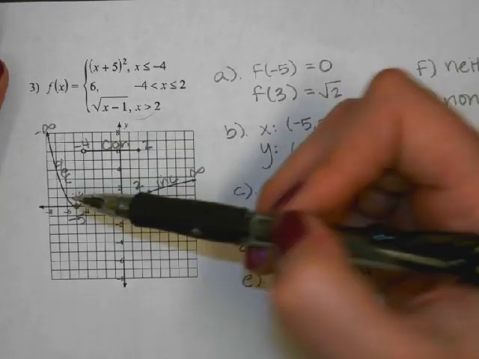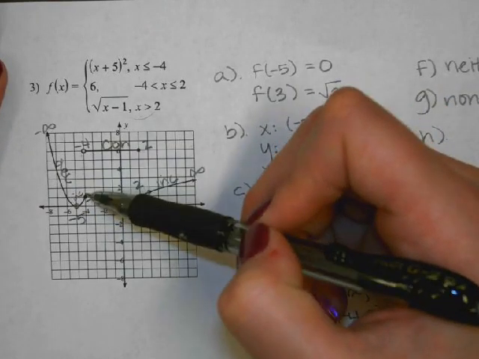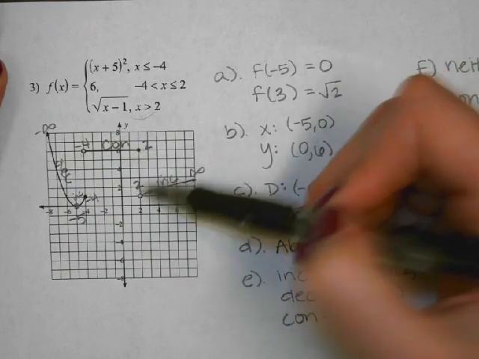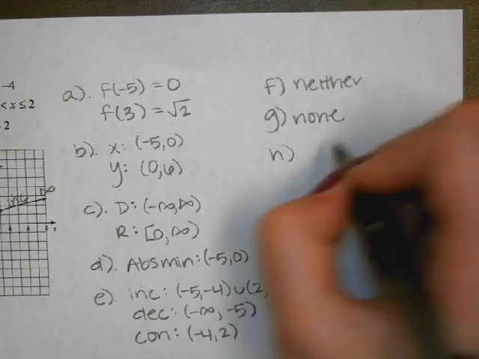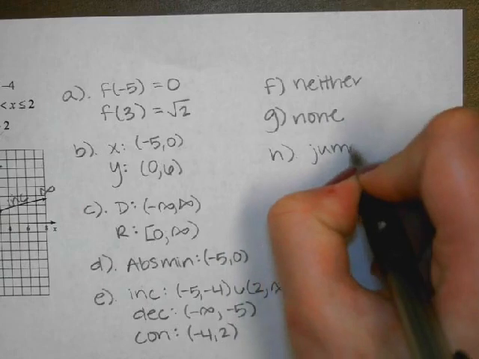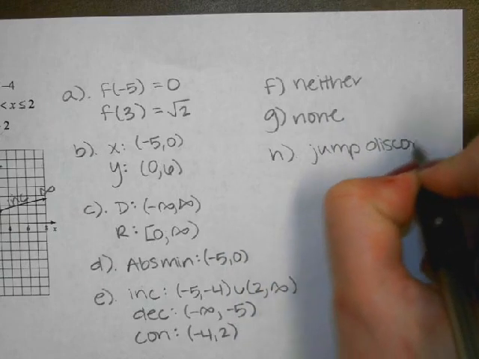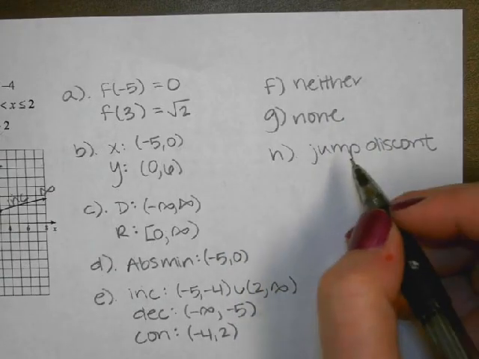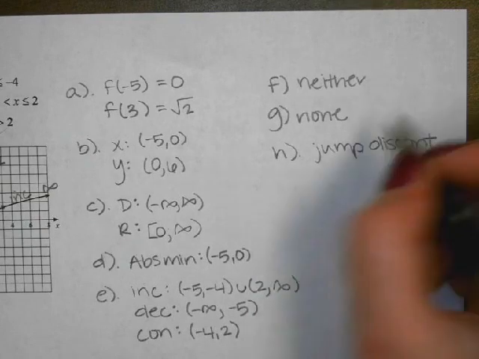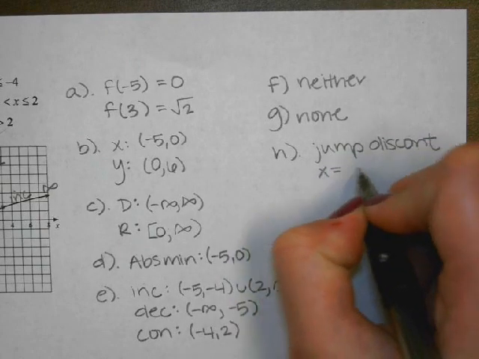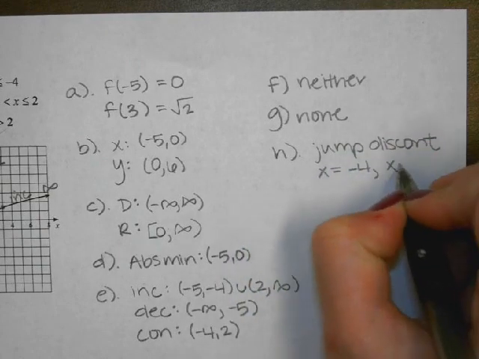So I have a jump discontinuity right here and a jump discontinuity right here. With piecewise functions, your most common type of discontinuity is going to be jump, and sometimes hole, but mostly jump. So if you feel like that answer is coming up a lot, that's okay. You're doing it right.